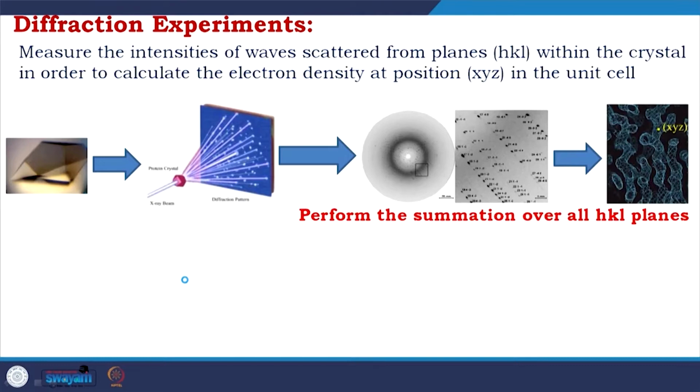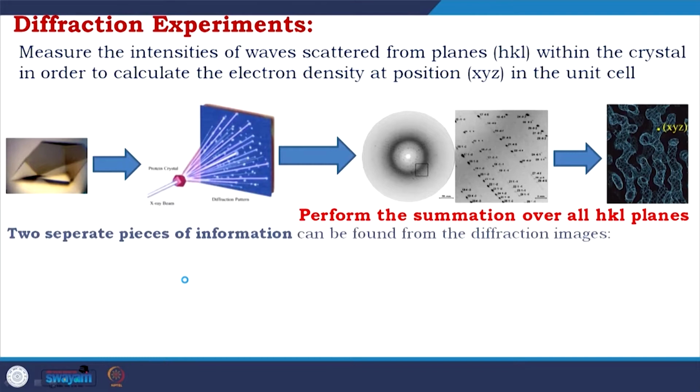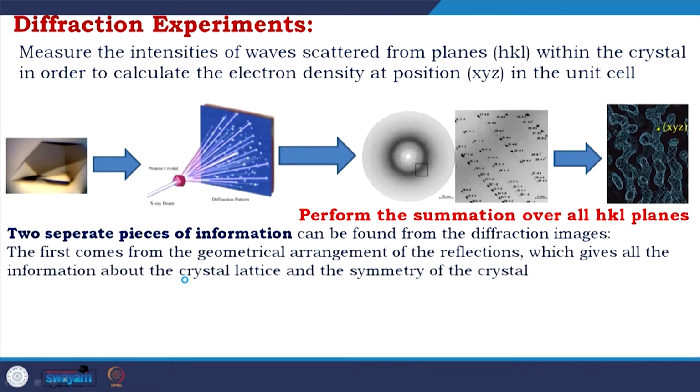So, we perform the summation over all HKL planes. What we get from our diffraction experiment is two separate pieces of information. The diffraction image gives us the first information, which is the geometrical arrangement of the reflections, gives all the information about the crystal lattice and the symmetry of the crystal.